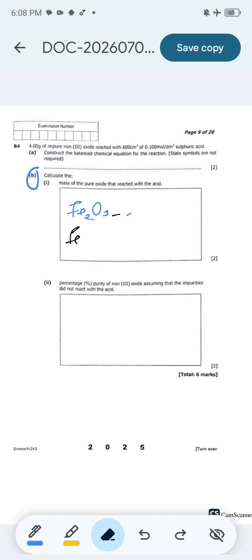Now, there are a few things you should know when you are solving issues involving stoichiometry. Basically, simple steps for dealing with stoichiometry. First, you should be able to write a well-balanced equation.